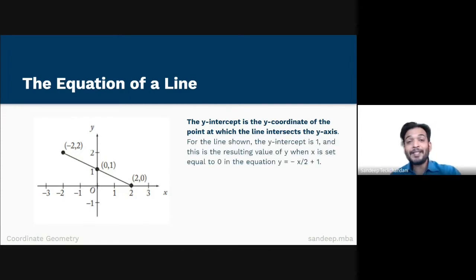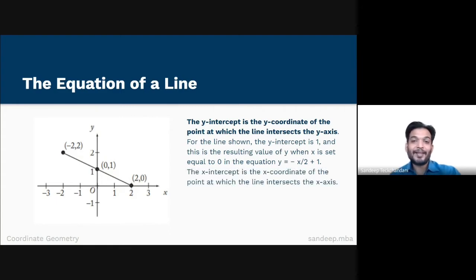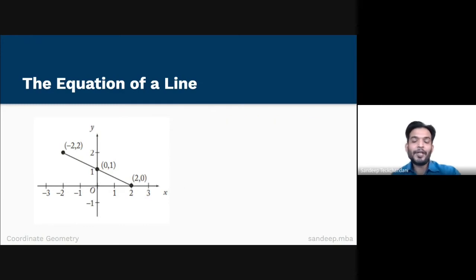The x-intercept is the x-coordinate of the point at which the line intersects the x-axis. The x-intercept can be found by setting y equal to 0 and solving for x. For the line y equals -x/2 plus 1, this gives -half x plus 1 equals 0.